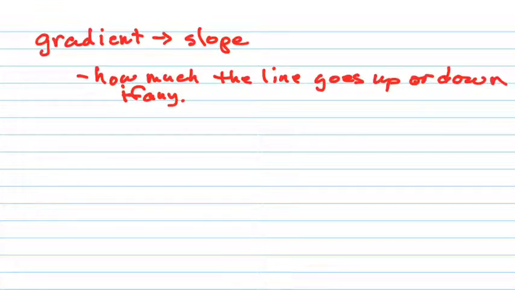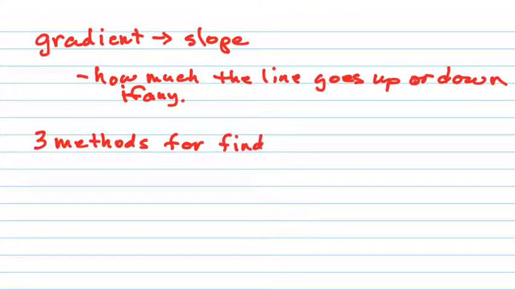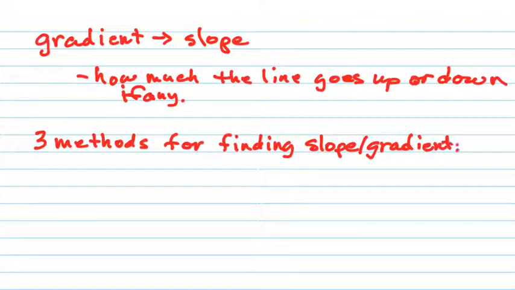There are three methods we're going to look at, and again, it depends on what type of information you're given. So we're going to look at three methods for finding, do y'all mind if I call it slope? No. Okay. I mean, I do. You do? Slope/gradient. You're going to make me write that every time? Okay.